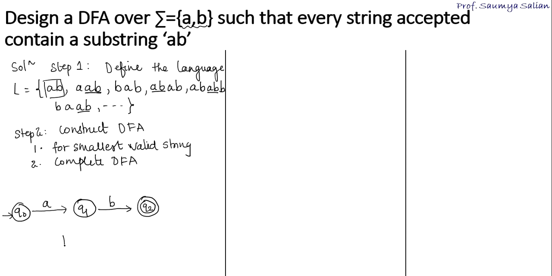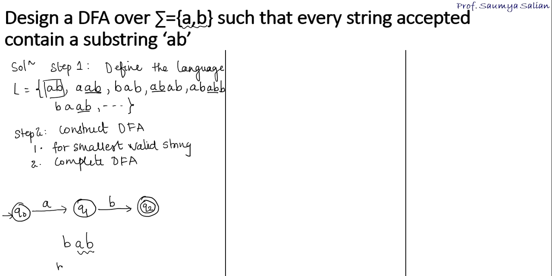At initial state, if I get a B, is it a valid string? No, it is not a valid string. Can I make it valid? Yes, I can make it valid by having inputs A and B. Now, how can I get this input A and B? I know that this transition from Q0 to Q1 with input A, Q1 to Q2 with input B, I can get AB.